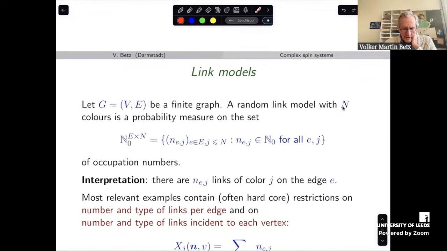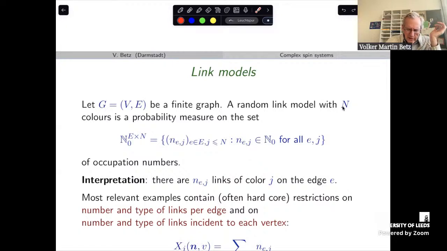So the general situation is that we have a graph, and I view a link model as a probability measure, most of the time anyway, on the set of occupation numbers of edges. For each edge, I have a j, which I usually call a color, and I have a number of links of a given color on each edge.